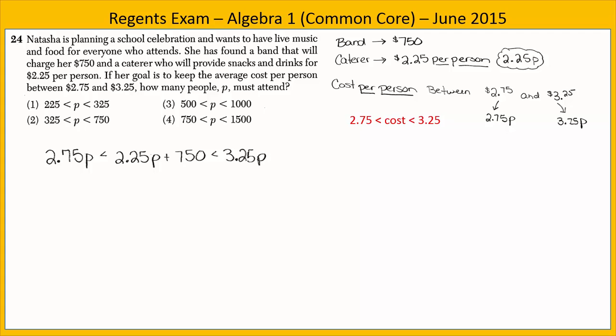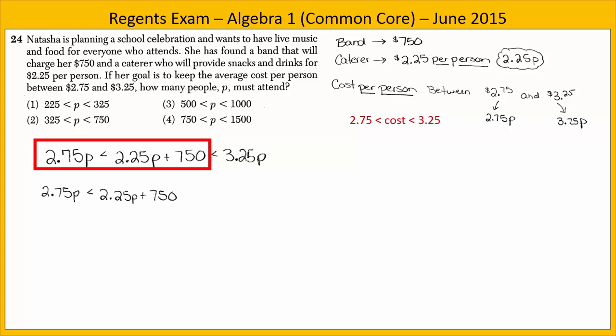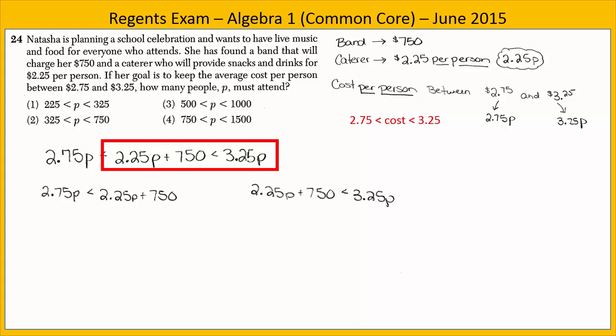This is a compound inequality connected by the word and. The first inequality can be found on the left-hand side. We write it down, and then we'll solve it. The second inequality can be found on the right-hand side. Again, we'll write that down, and then we'll solve that one separately.